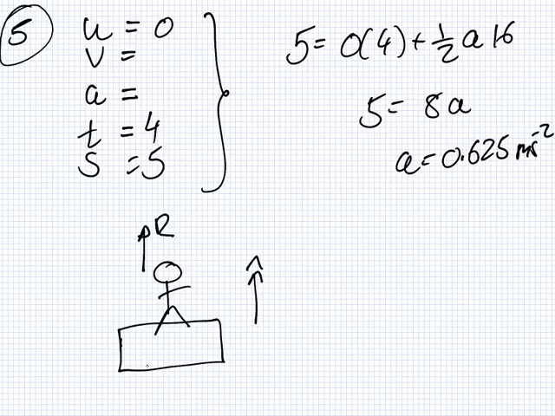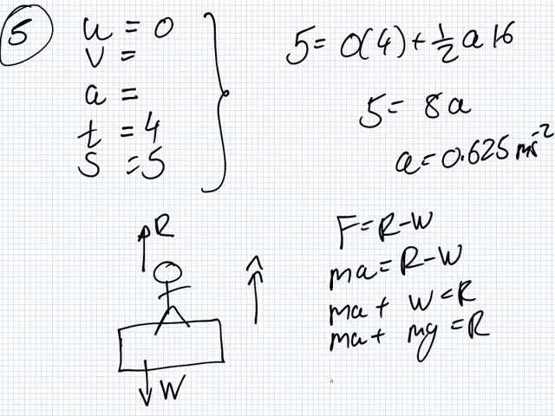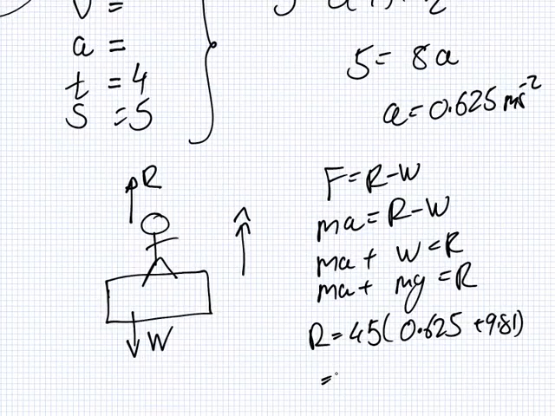There's an R and there's a W. We know F equals R minus W. MA equals R minus W. MA plus W equals R. MA plus MG equals R. R equals 45 times A plus G. That's equal to 469.6 newtons.